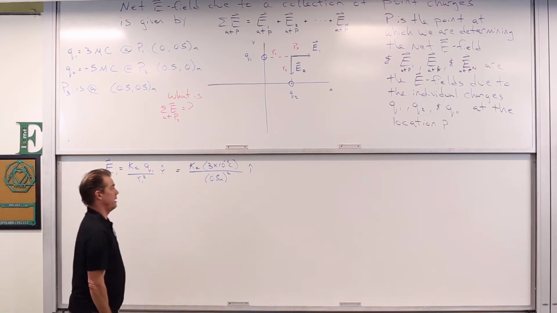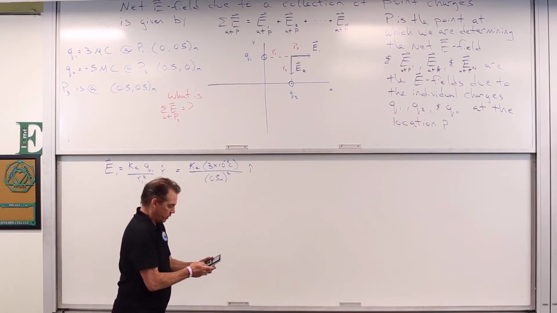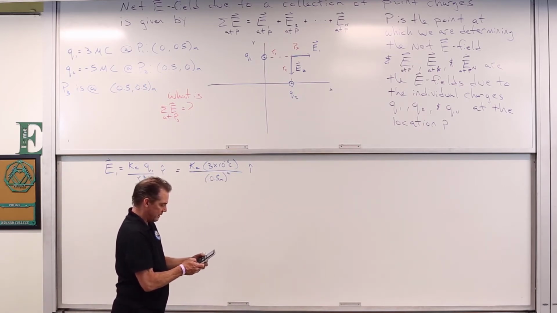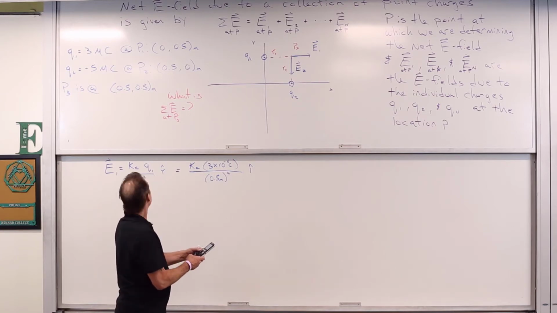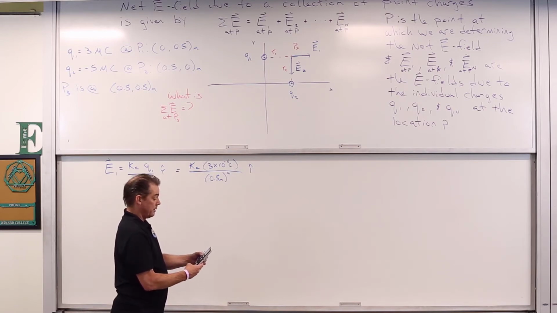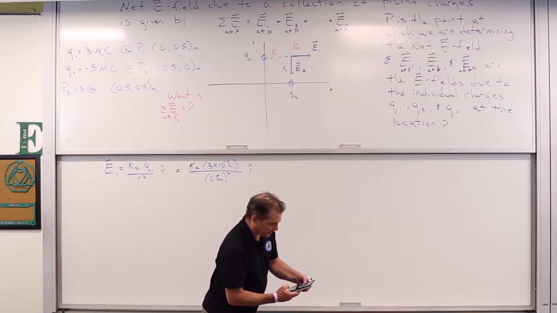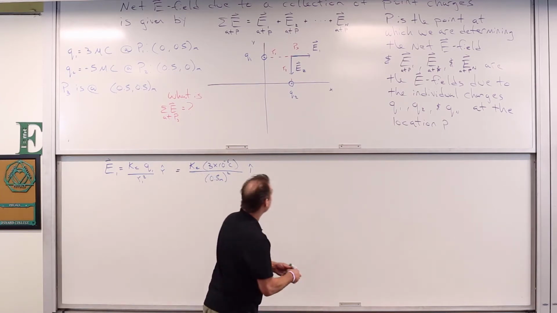Yeah, we just put it in a calculator. That's great. Let's just do it. Why not? We use 8.99 e to the 9th times 3 e to the negative 6 divided by 0.5 squared. And that looks okay. So I get 107,880.